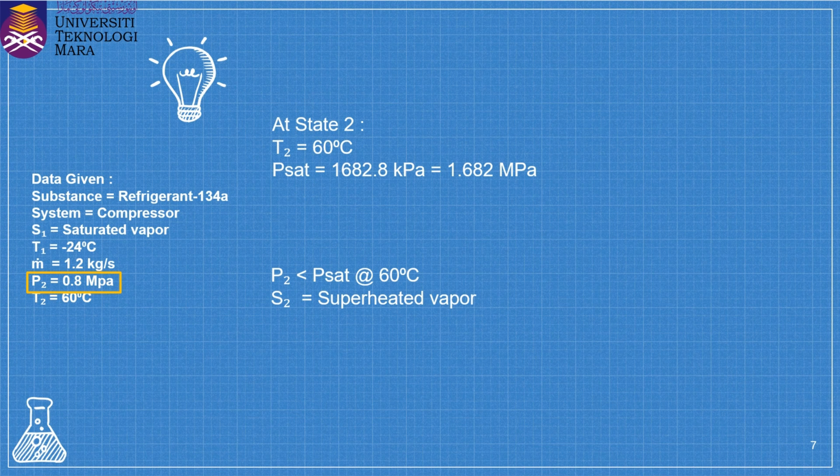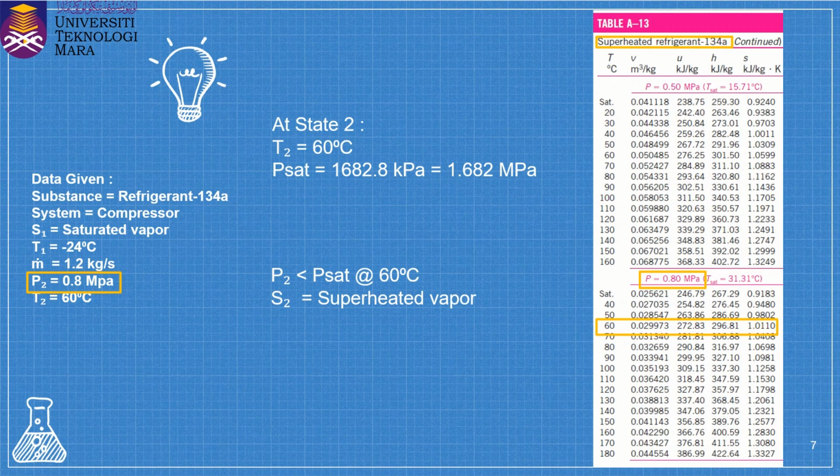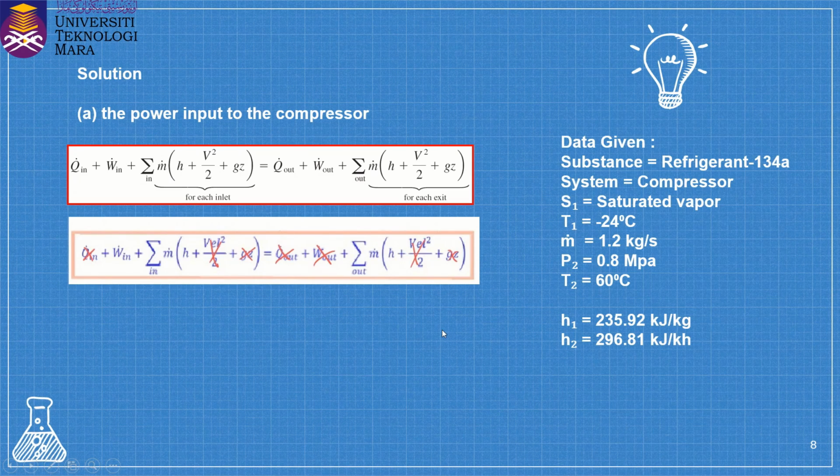P2 is smaller than the saturation pressure, so we consider state 2 as a superheated vapor region. From the property table, Table A13, we can see the H2 value is 296.81 kJ per kilogram.